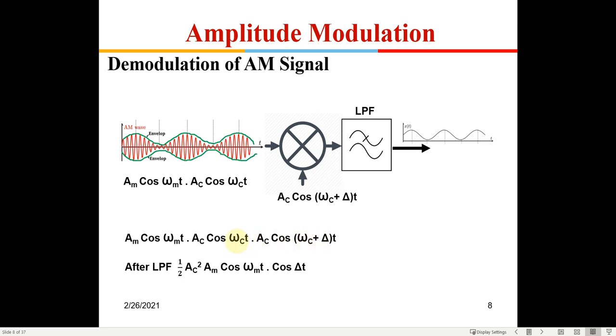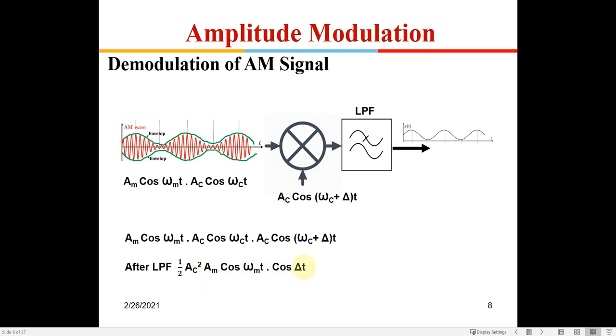A plus b will give 2 omega ct plus delta, and a minus b will give only delta. So the term with delta is available here, whereas the next term, cos of 2 omega ct plus delta along with cos omega t, becomes a high frequency component which gets filtered out in the low pass filter. So this is what comes out of the low pass filter.